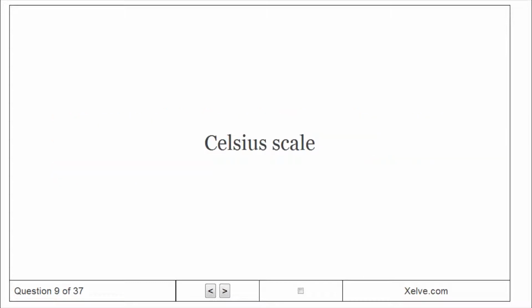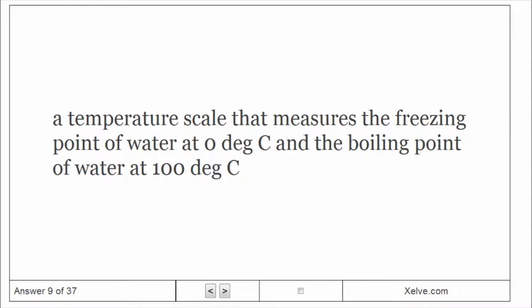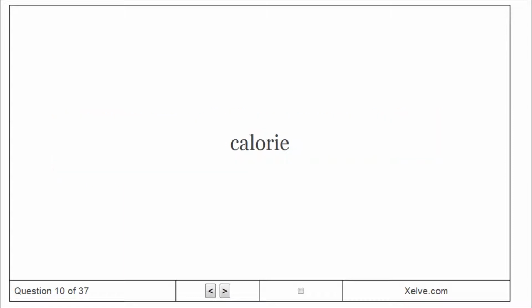Celsius scale. A temperature scale that measures the freezing point of water at 0 °C and the boiling point of water at 100 °C. Calorie.